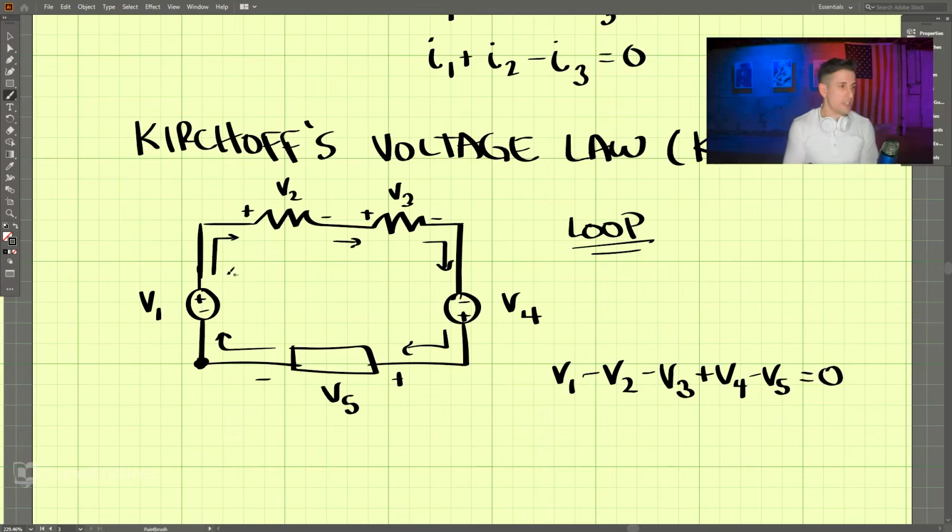Okay, so the voltages around a loop must equal 0. And the signs that we use are this sign, this sign, this sign, this sign, and this sign. So it's positive, negative, negative, positive, negative.